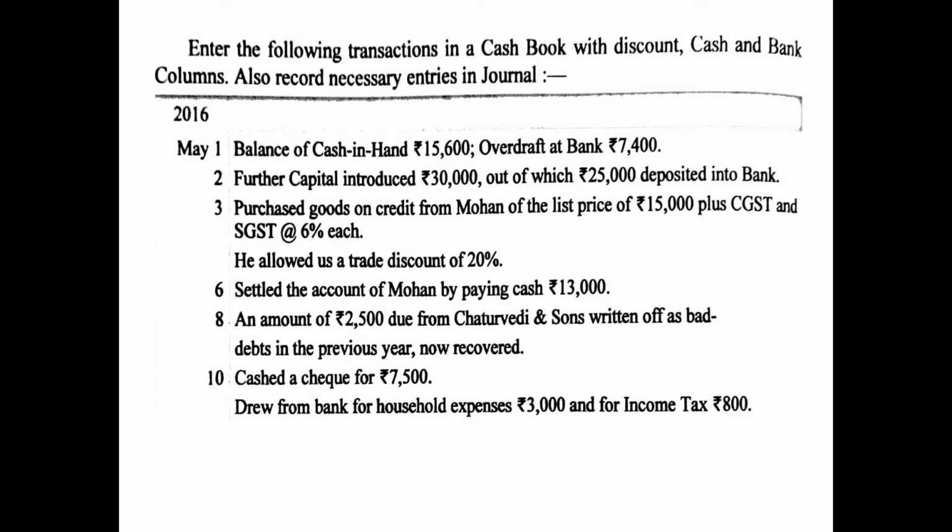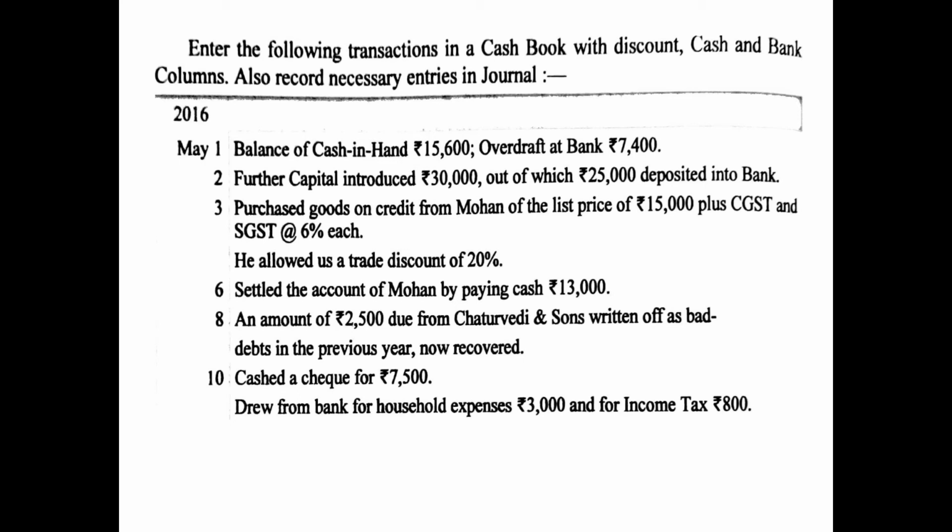You will write 440 in the discount received column, and there you will write 13,000 in the cash column.